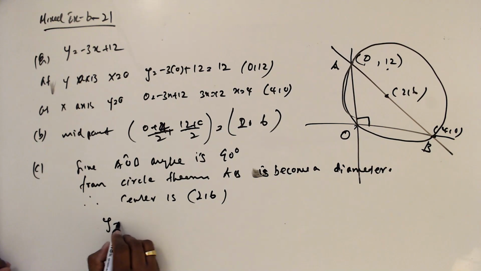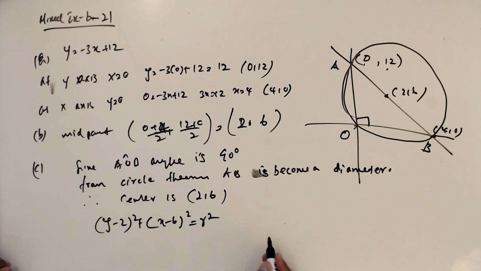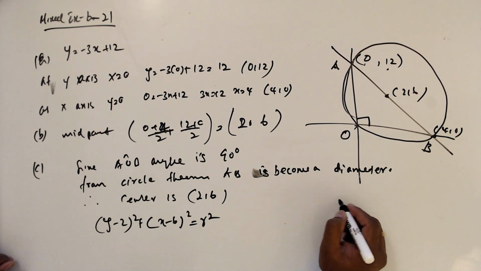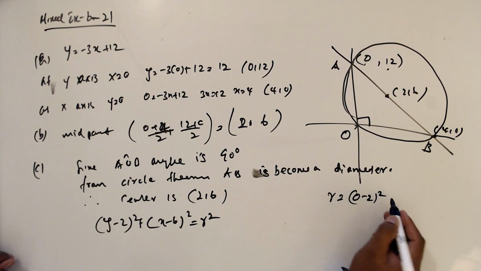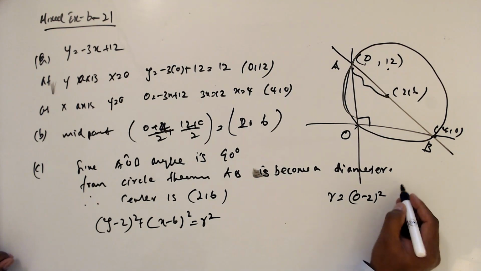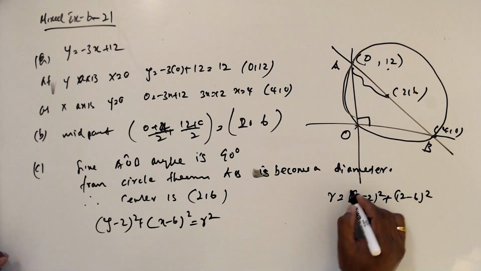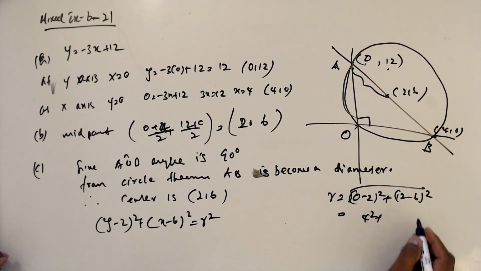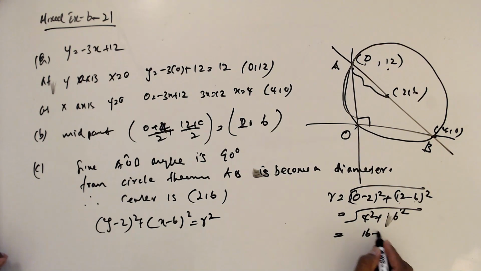Then the equation is (x minus 2) squared plus (y minus 6) squared equals r squared. Now you can find r. The distance: 0 minus 2 squared, plus 12 minus 6 squared.